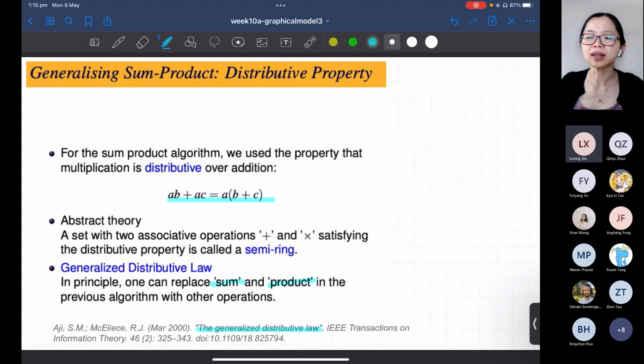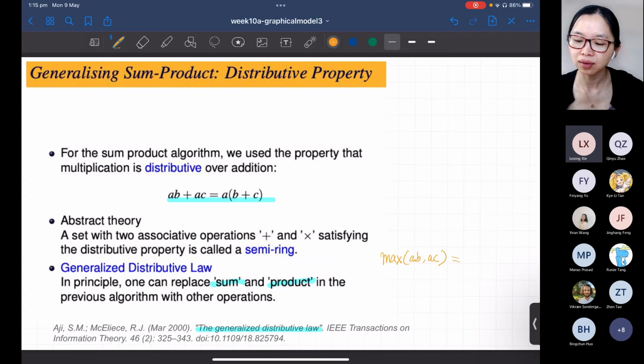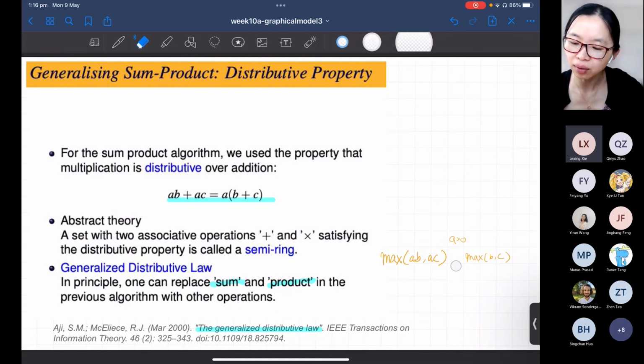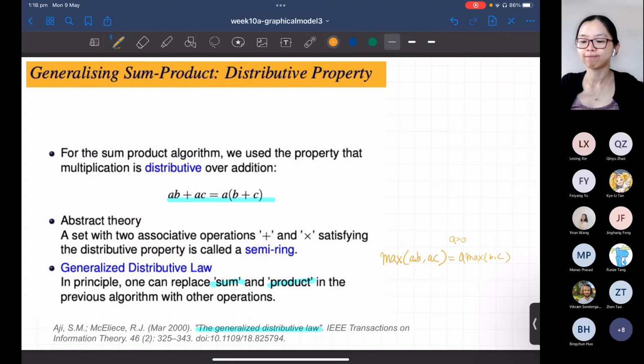So you could do max product, such as you can do max of AB and AC, under some conditions like A needs to be non-negative, is A times max of B and C. Well, if A, B, C are probabilities, this is generally true.